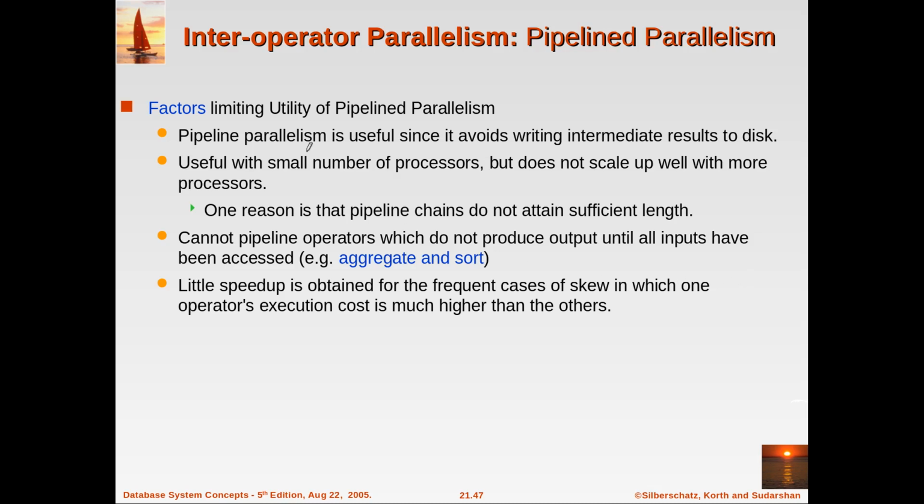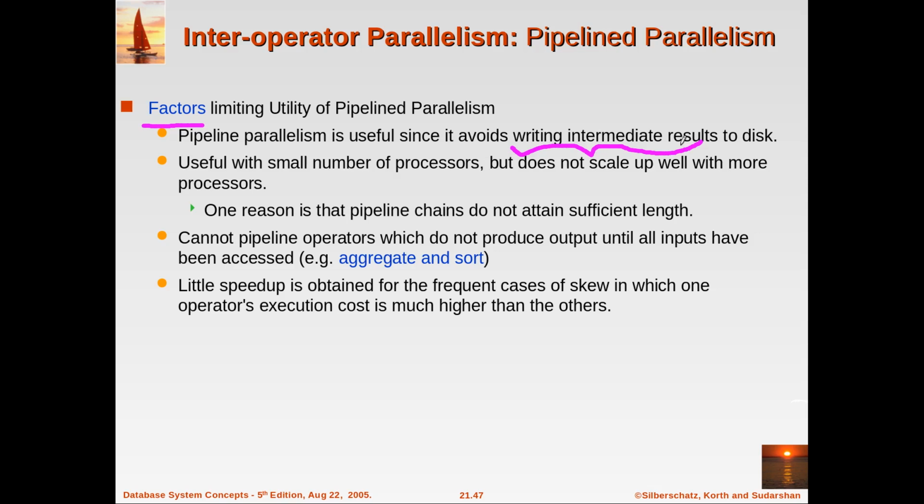Now the different factors that limit pipelined parallelism. Pipeline parallelism is useful since it avoids writing intermediate results. So when we are using pipelined parallelism, we don't need to write the intermediate results into the disk.